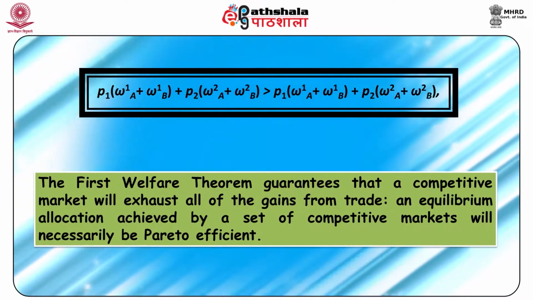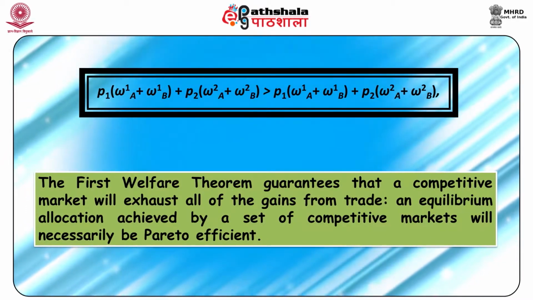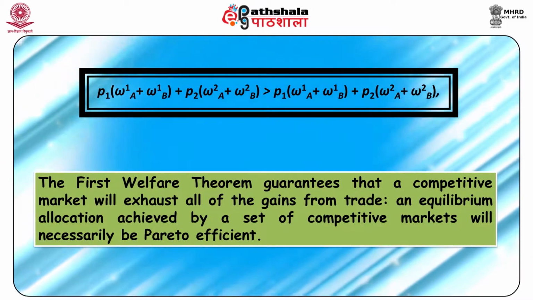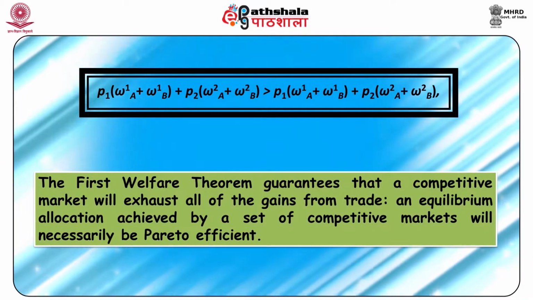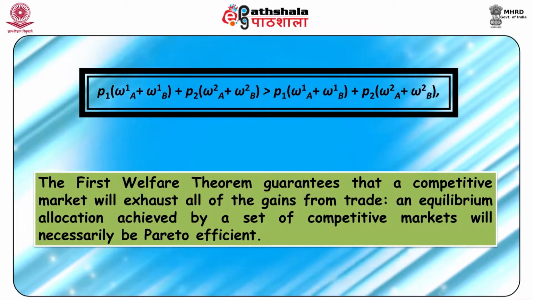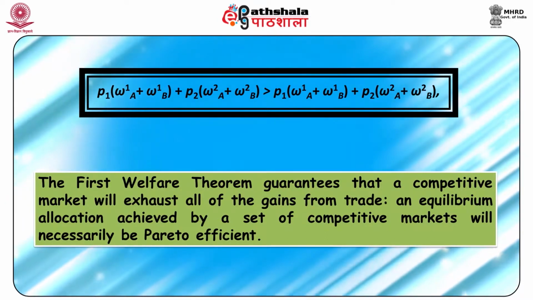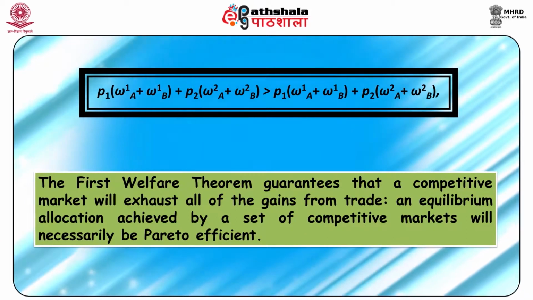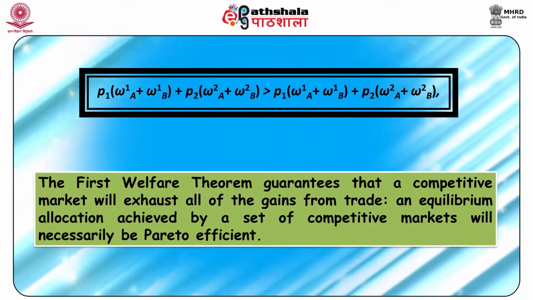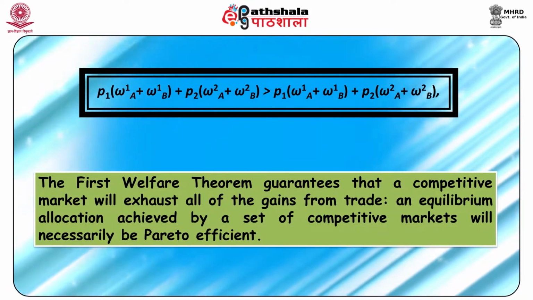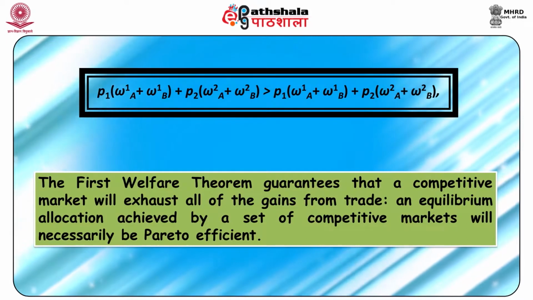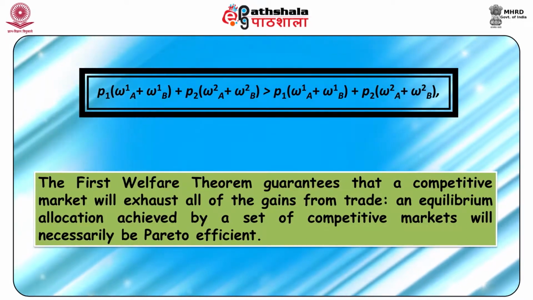This is clearly a contradiction since the left hand side and the right hand side are the same. We derive this contradiction by assuming that the market equilibrium was not Pareto efficient. Therefore, this assumption must be wrong. It follows that all market equilibria are Pareto efficient, that is the first theorem of welfare economics.